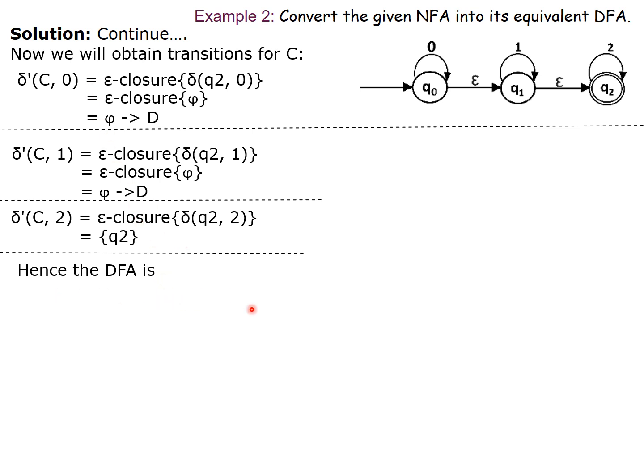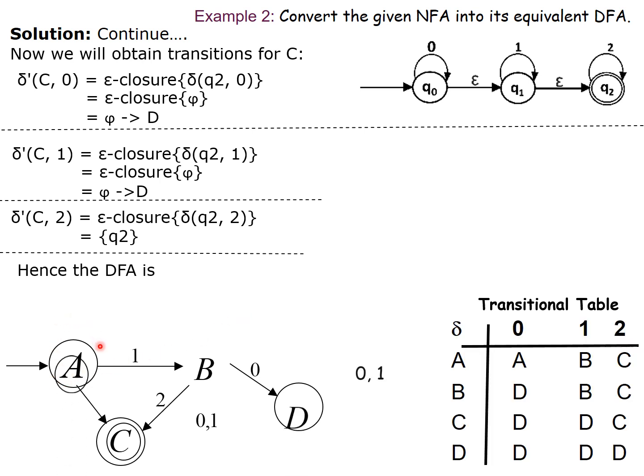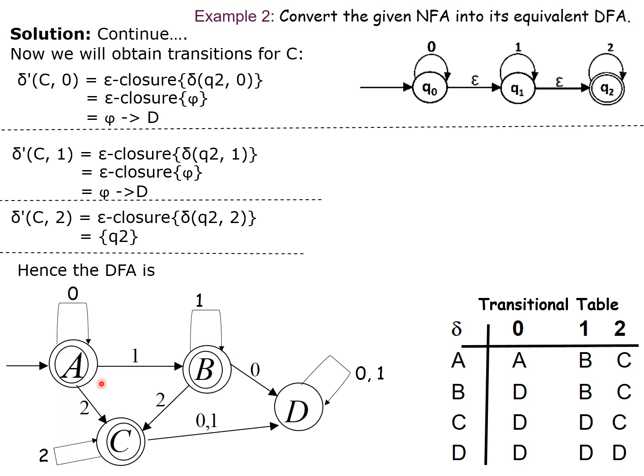So you have to start constructing the transition diagram. The initial state on 0 will go to A, on 1 will go to B, then on 2 will go to C. From A, no new state has come, as you saw in the explanation at the beginning.